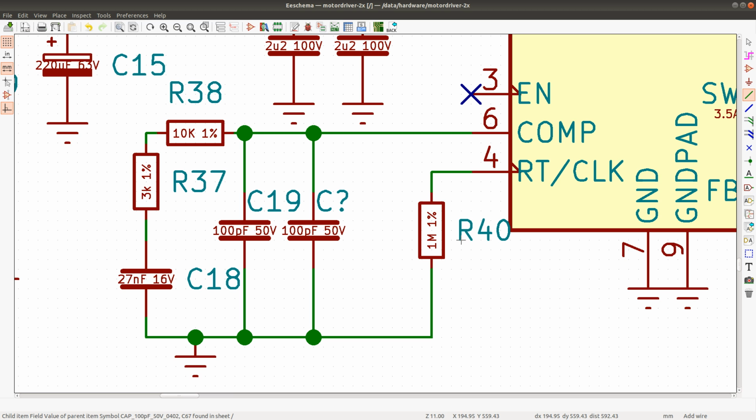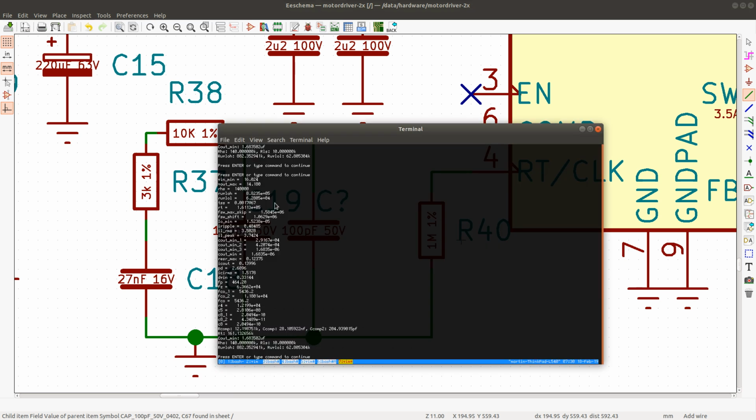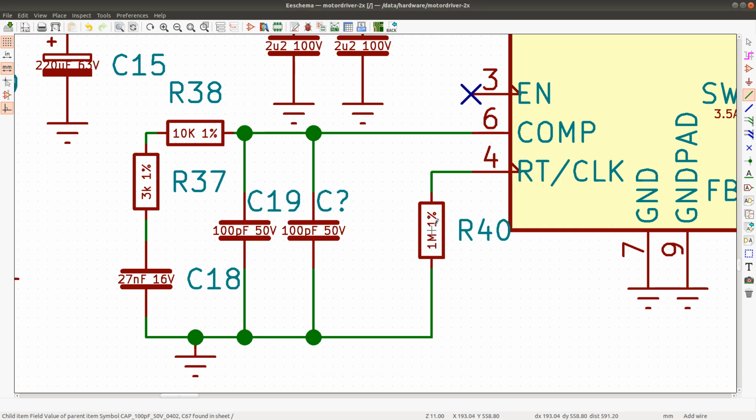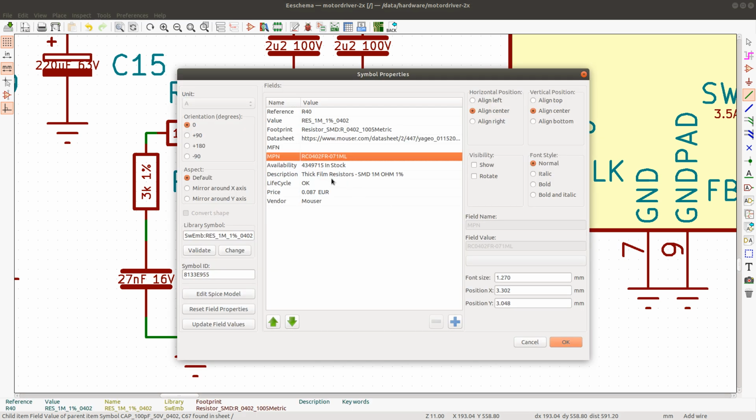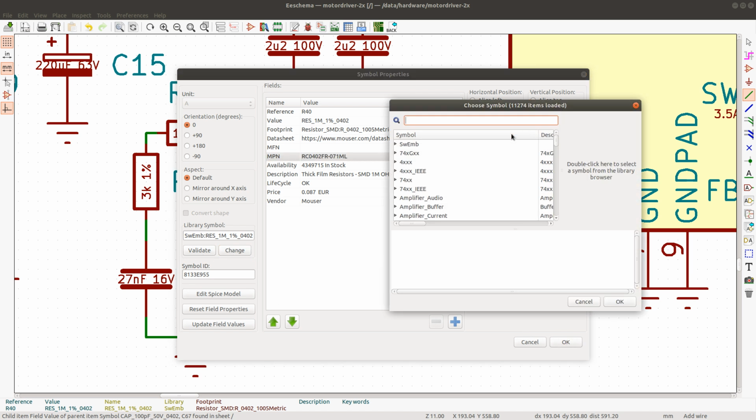And then we have R40, which would be the RT, the timing resistor. That has to be 161K, which means we could reuse 147K. So I think we'll have a little bit lower frequency, but we can also calculate that. So we have, see what we have.